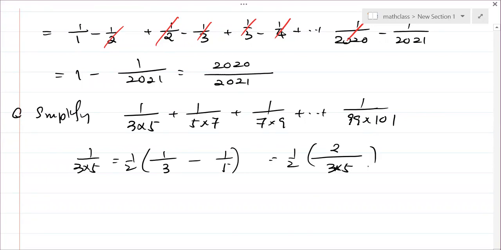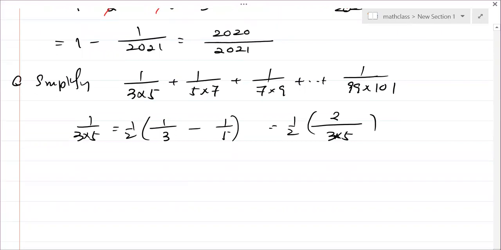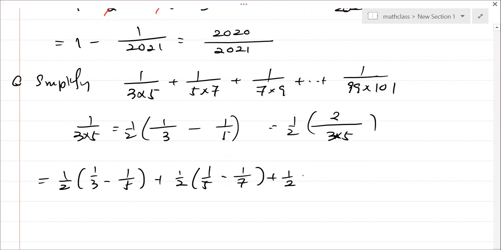So the decomposition is going to be 1/2 times (1/3 minus 1/5), plus 1/2 times (1/5 minus 1/7). You have to double check that, don't just assume it's going to be the difference. And keep it going, to 1/2 times (1/99 minus 1/101).